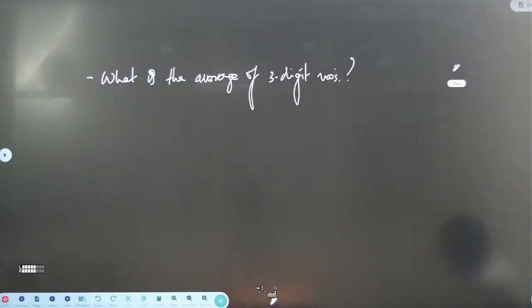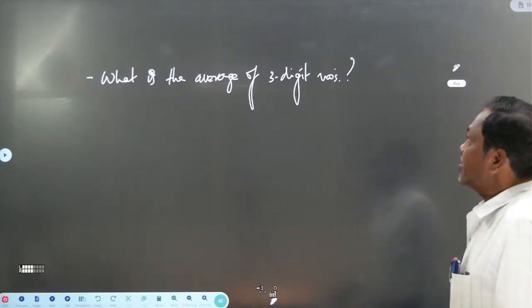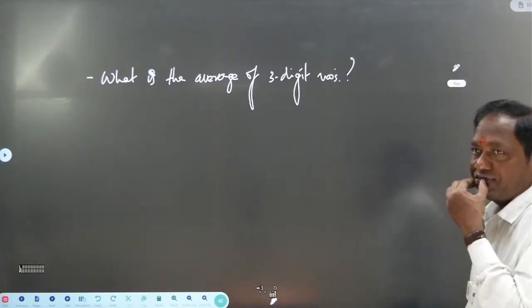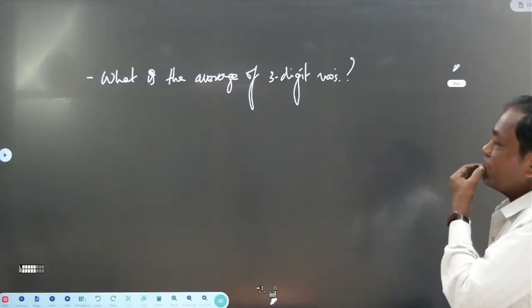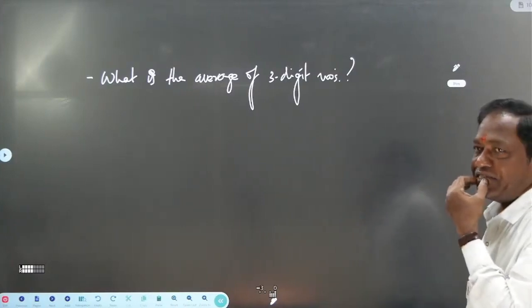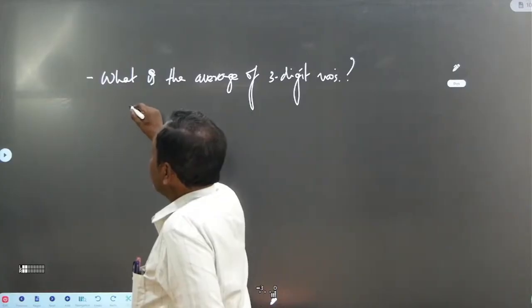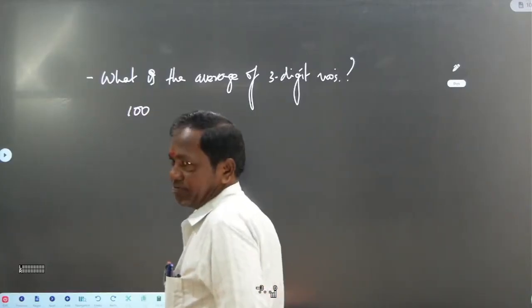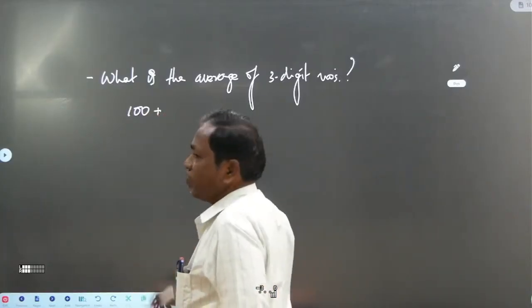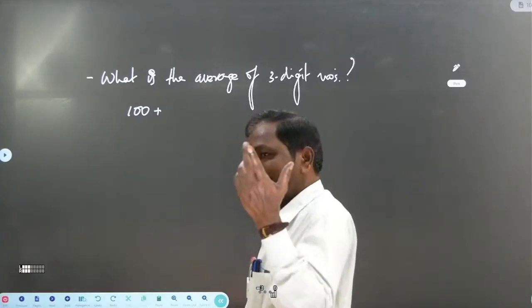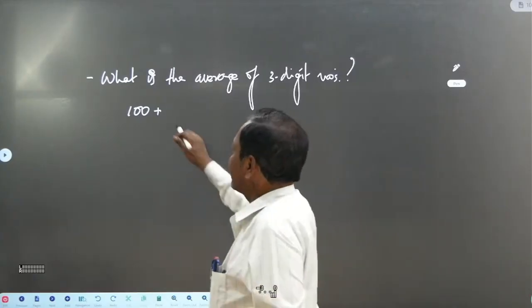Every concept is being interconnected, interrelated. Are you finding it difficult? Okay. What is the average of 3-digit numbers? What is the first 3-digit number? 100. Plus, what is the first 3-digit number from the last? 999.